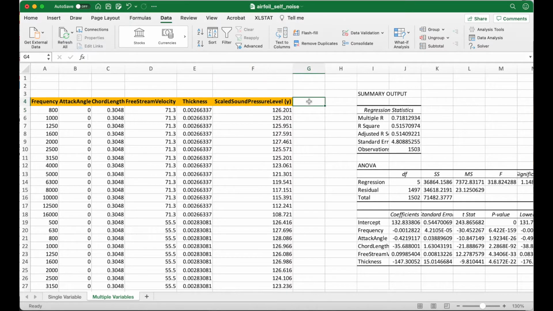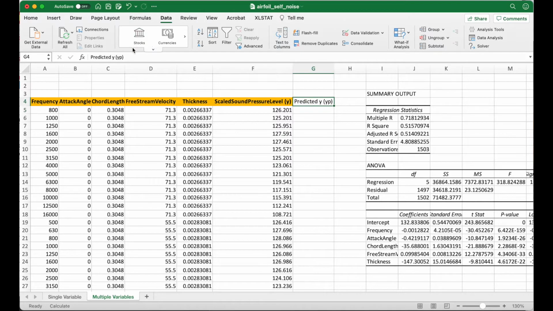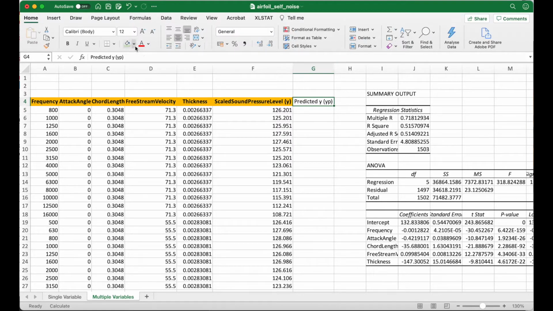Now let us try to find the predicted y based on the equation we have found. Let me call the predicted y yp. So let us calculate this now. We know how to do that. I will just color this.